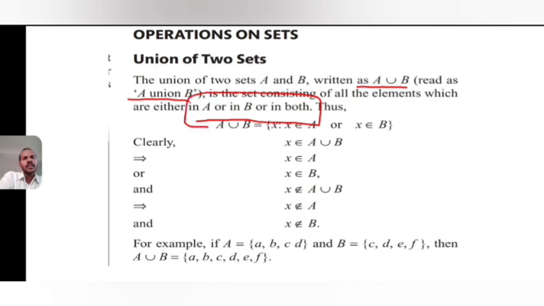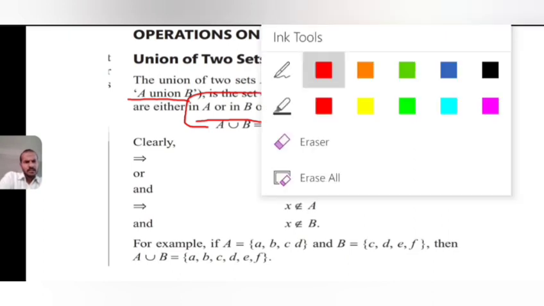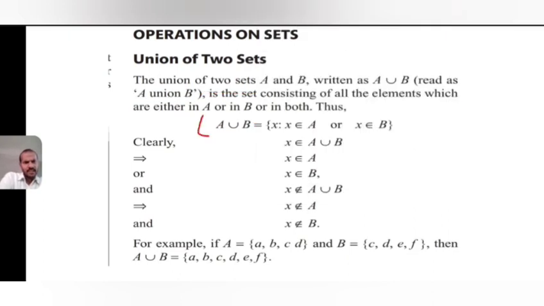It is important here: either it may be present in set A or set B or in both. We can write it in the standard form: A union B equals {x such that x belongs to A or x belongs to B}, where x is a variable, right?